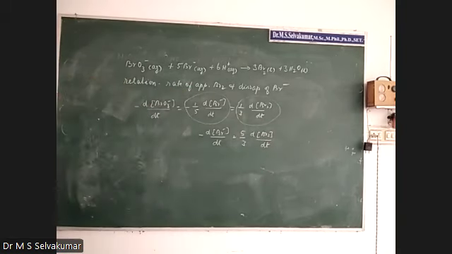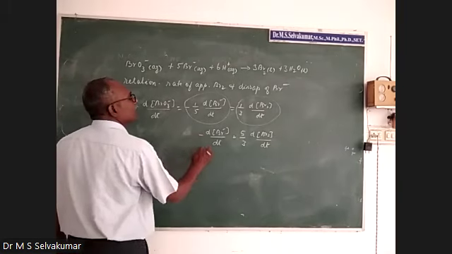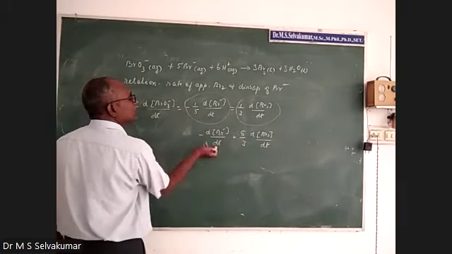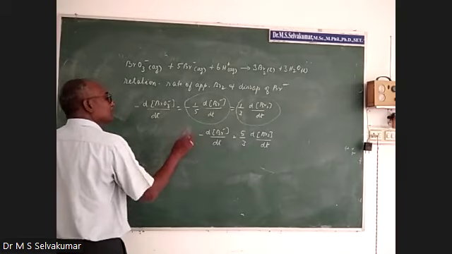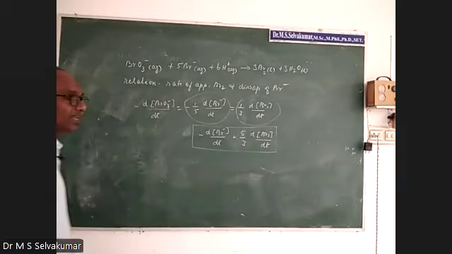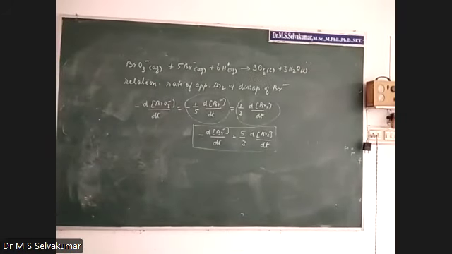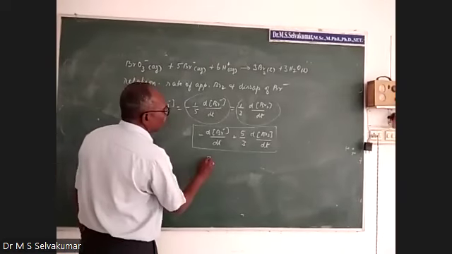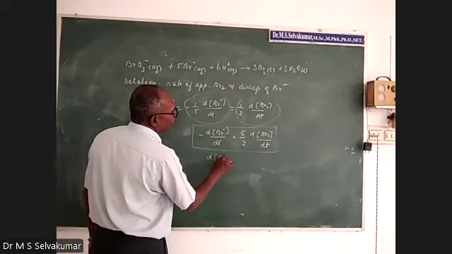So answers may be like this, or this minus sign can be put over here, or this 3 by 5 can be put over here. See, it will be only the interchange of sign and the numbers. But this is the general expression. Options may contain many things by simply the interchanges of sign and the numbers. Say, for example, this may be given as a correct answer, or this can be given as a correct answer.